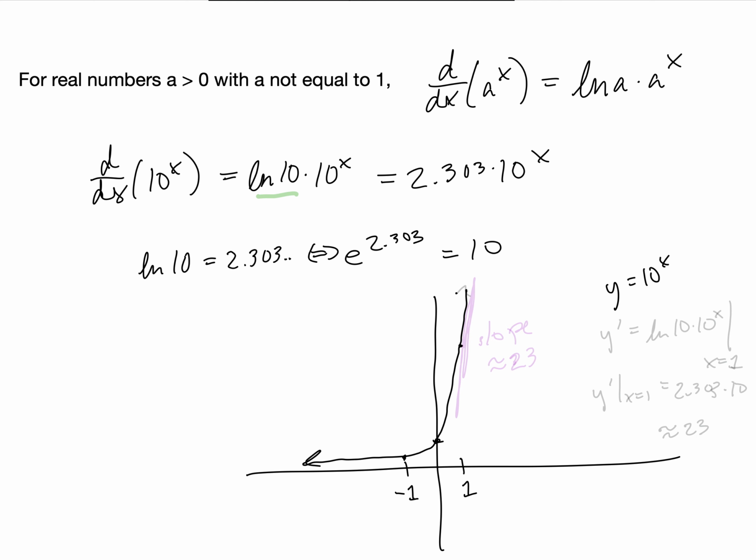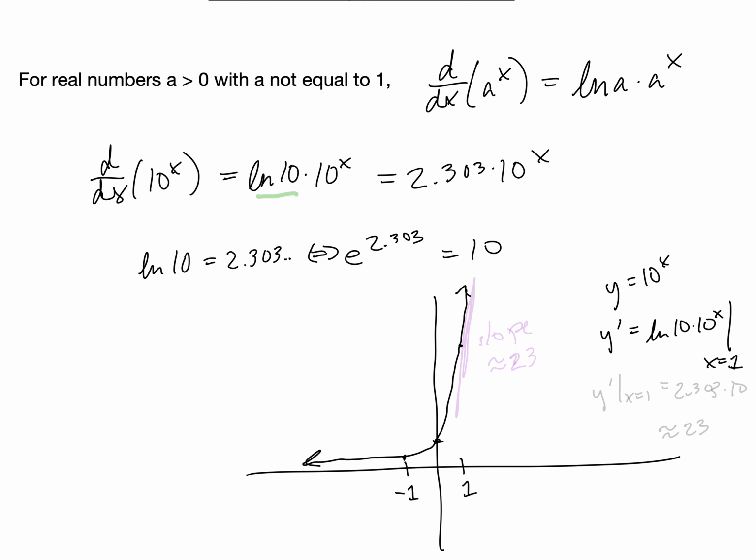It's fairly steep. And if we thought about what it means for the derivative y prime, which is natural log of 10 times 10 to the x, let's say that we want to evaluate the derivative at x equals 1.